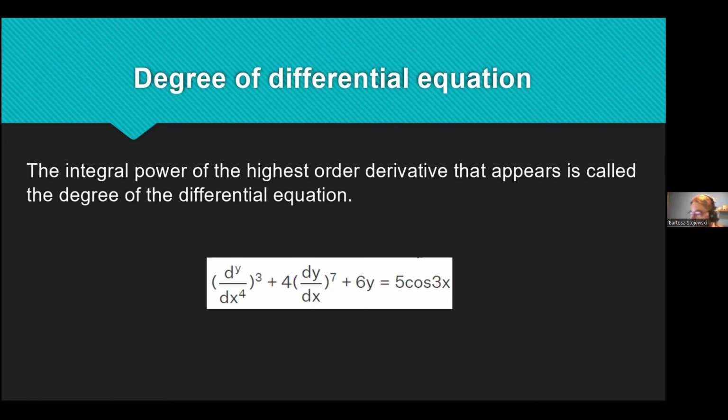In the shown example, the order of the differential equation is 4, and the degree is 3. If the differential equation is not expressible in terms of a polynomial equation having the highest order derivative as the leading term, then the degree of the differential equation is not defined.